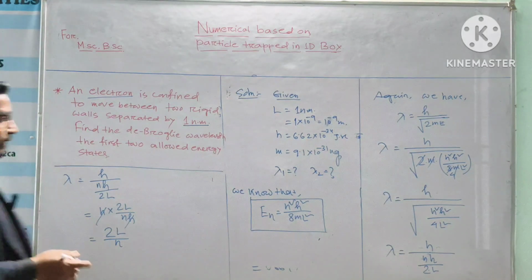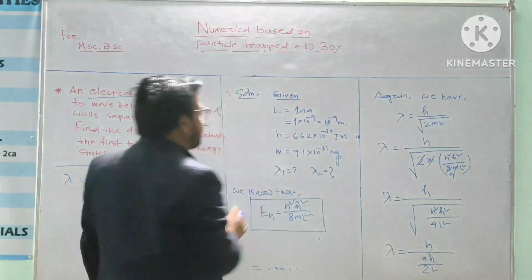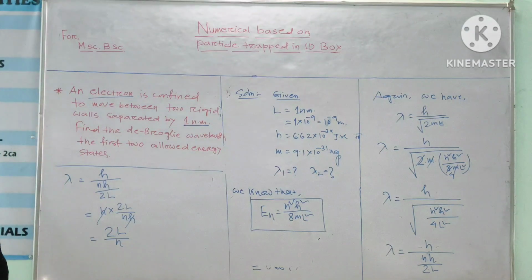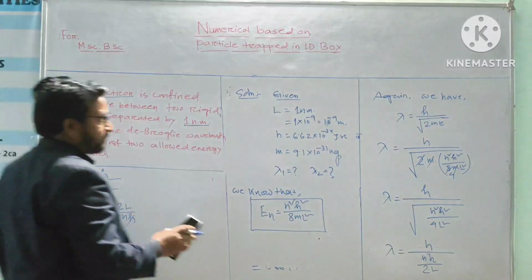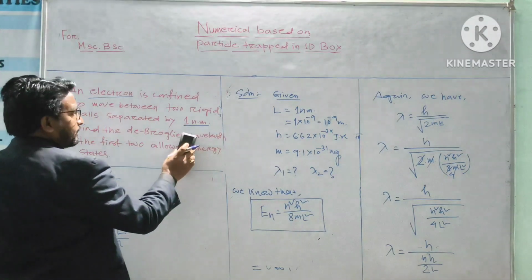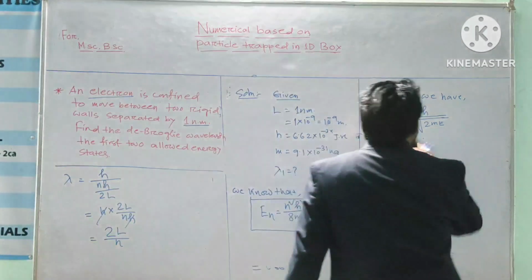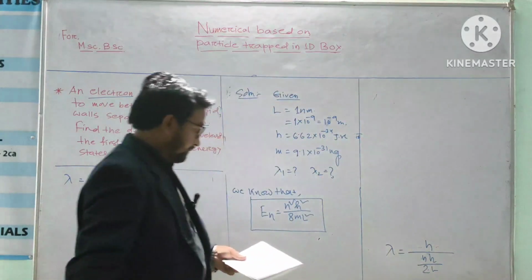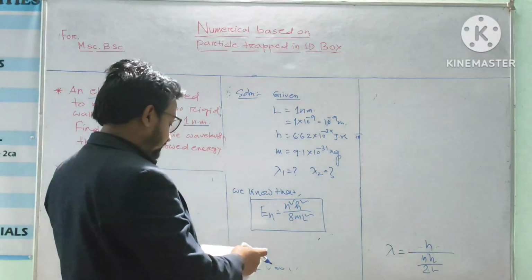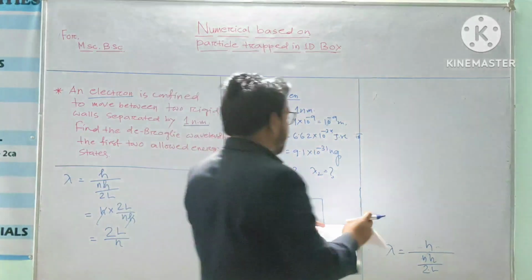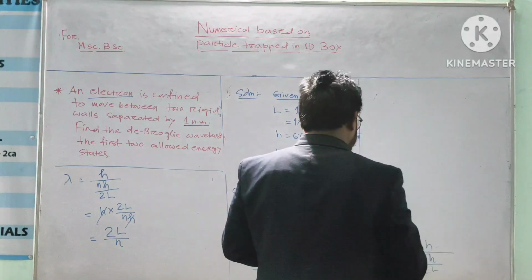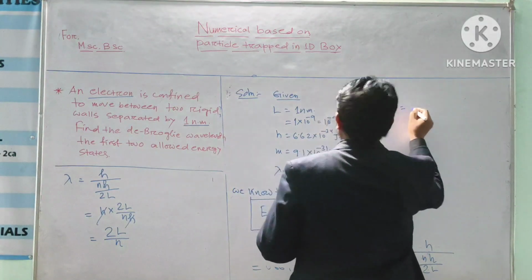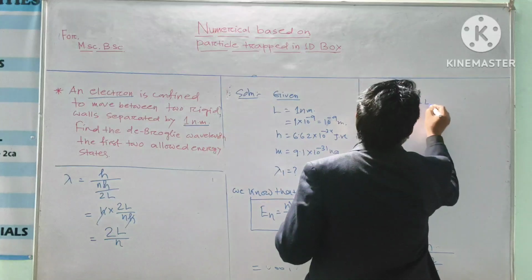Now we are going to find lambda 1 and lambda 2, particularly for n equal 1 and n equal 2. Lambda 1 equals 2l divided by n.